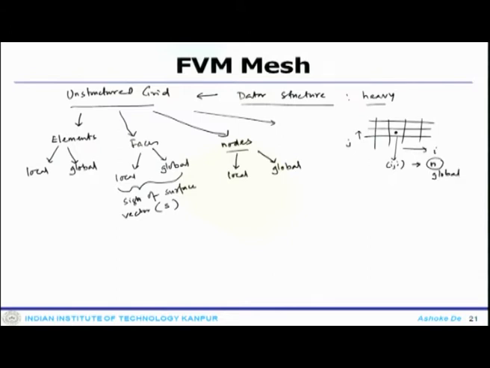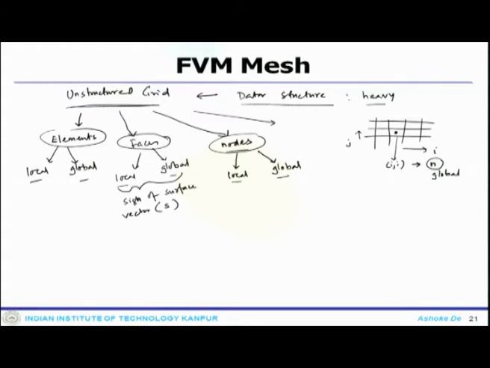But in the unstructured case the complete scenario is different. Here one has to have elemental connectivity from local to global, face connectivity from local to global, which also includes the sign of the surface vector. Then you have node connectivity, local to global, so that one to another mapping can be done. This is where you get more and more involved in the programming, and programming becomes quite challenging.